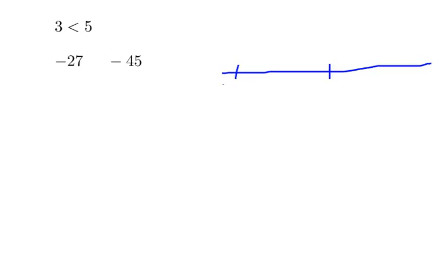So that means that -27 is larger than -45. Notice that I flipped the relation now, where what was a less than is now a greater than. So whenever you multiply by a negative number, you flip the relation. You flip the sign, so to speak. So that brings us to inequality rule number 3.